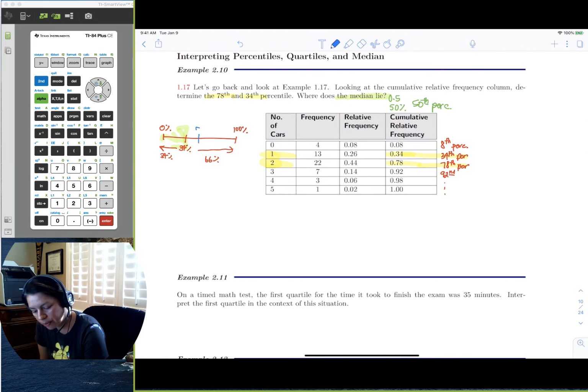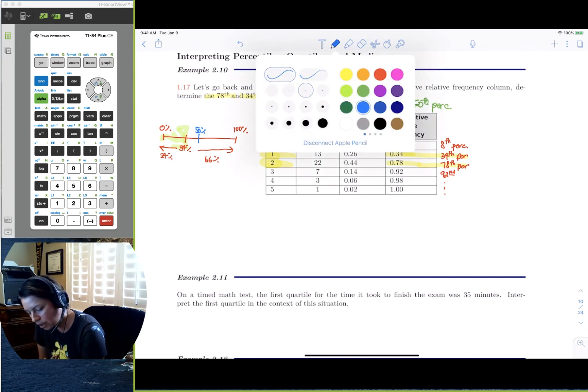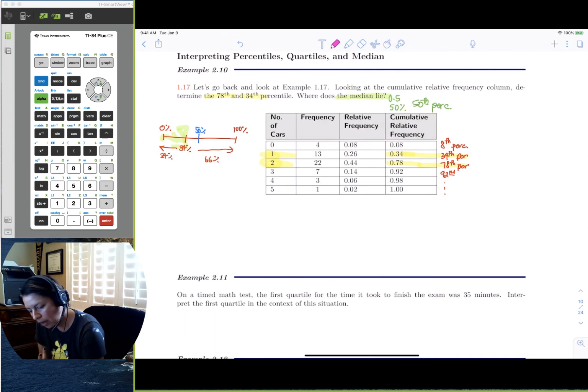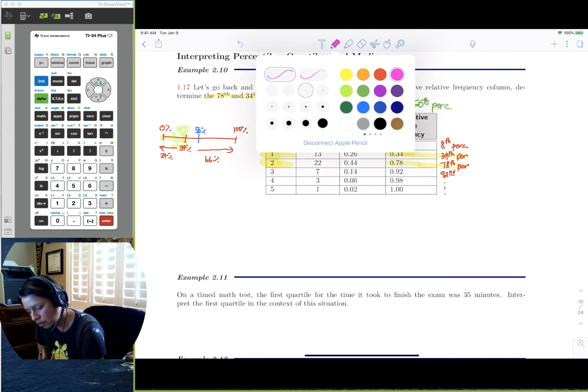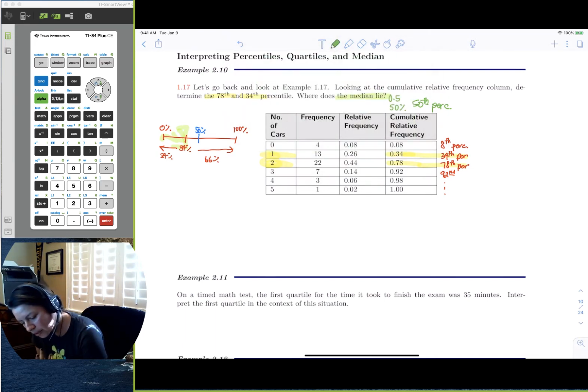Because here's 50%. So which one would? Well, the next one is 2 cars household, which is the 78th percentile. So let me do that in green. So 78 is about here, right? That means that 78% lie below it and 22% lie above it.